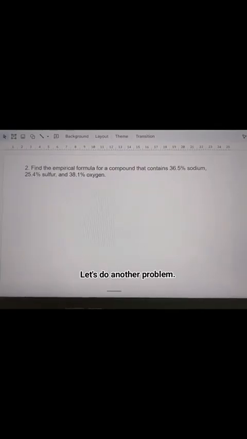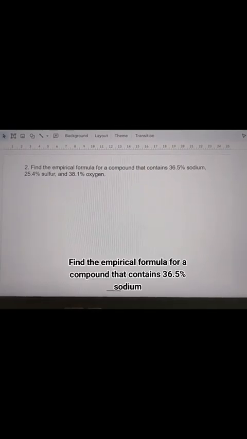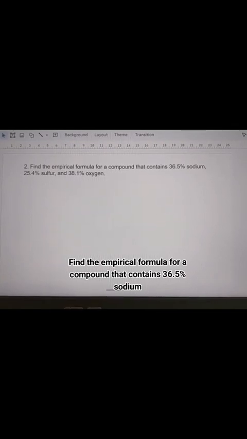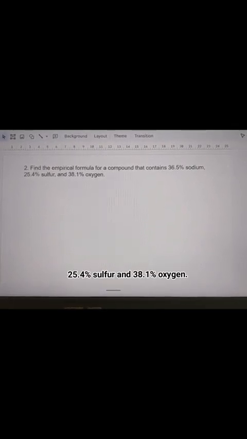Let's do another problem. Find the empirical formula for a compound that contains 36.5% sodium, 25.4% sulfur, and 38.1% oxygen.